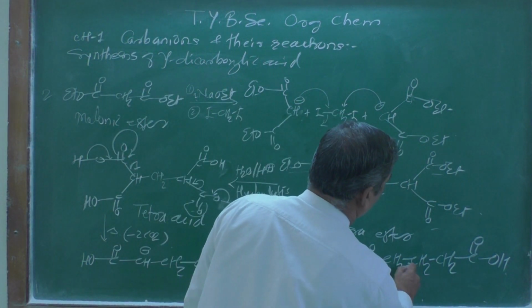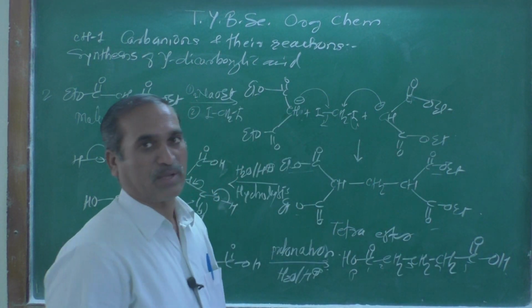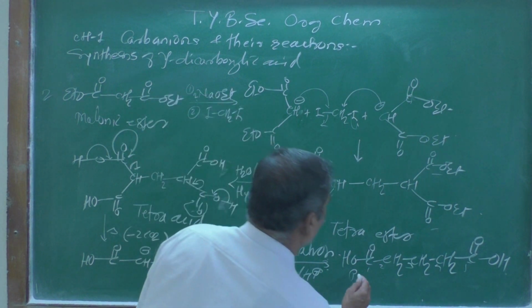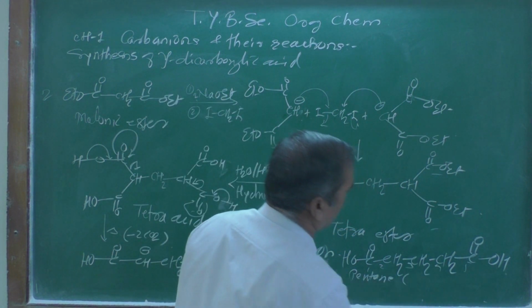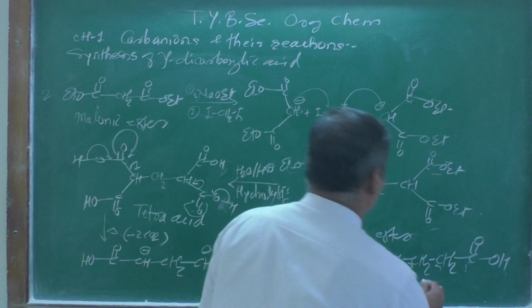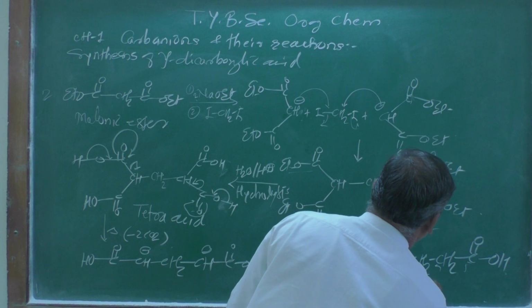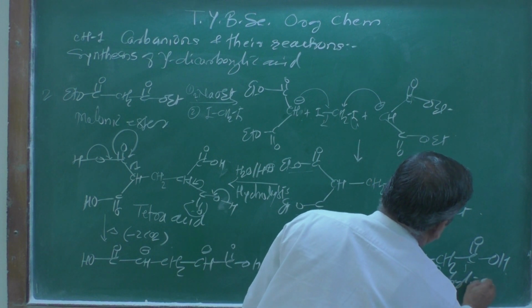1, 2, 3, 4 and 5. So this pentane has 5 carbon atoms in the straight chain, and therefore we can call it pentane, 1,5-dicarboxylic acid.